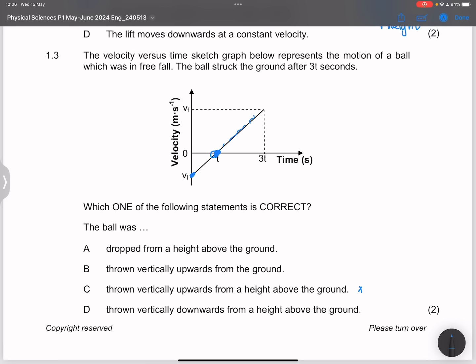In this case, as much as I threw it upwards initially, I took down as positive. Why? First of all, my gradient is positive, and my initial velocity is negative, which tells me it was upwards. So the correct answer there would definitely be option C.